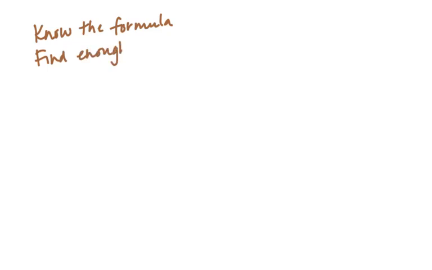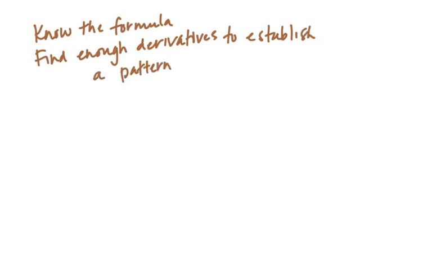So you need to know what the pattern should look like. So know the pattern. The theorem, the formula, let's call it the formula. Know the formula. And then find lots of derivatives. Find enough derivatives to establish a pattern. Find the derivatives at a to determine the pattern.